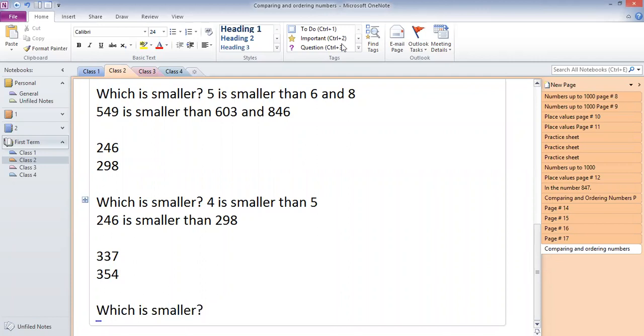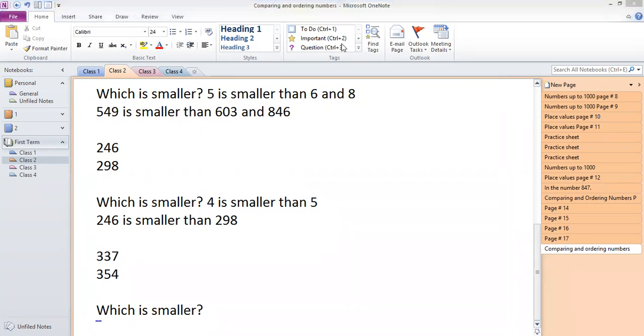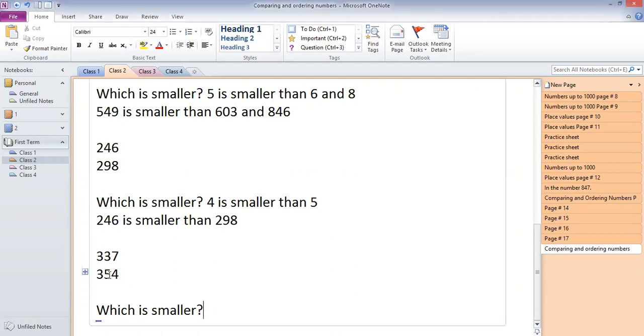337 or 354? Yes, guys, which is smaller, 337 or 354? 337. Very good. You're saying 337. Why? Let's check. When I compare the hundreds, 3 and 3 are same. So I will compare now the tens. On the tens, it is 3 and it is 5.